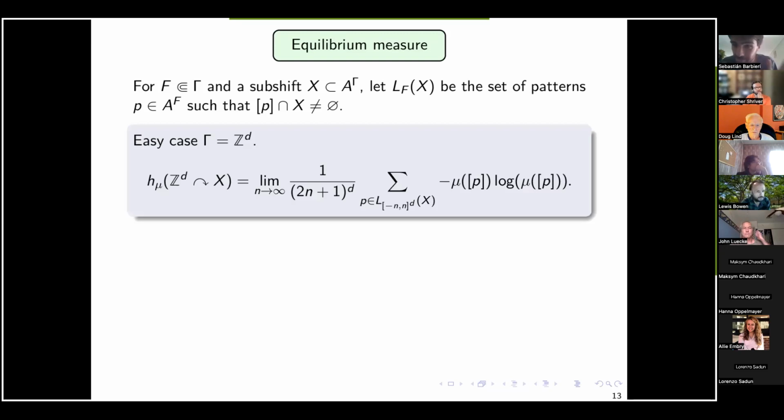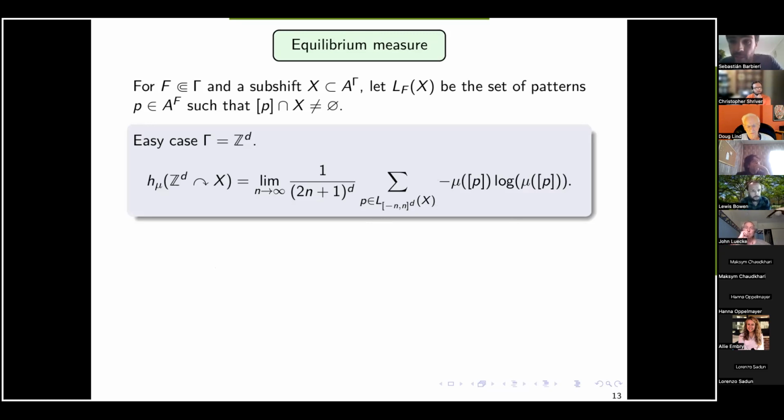For Z to the D, there is a very simple formula for the entropy. The measure theoretical entropy of the translational action on a subshift is just going to be the limit of, I take the box of radius n in the infinity norm, and I sum the Shannon entropy of the partition induced by all allowable patterns in this support.